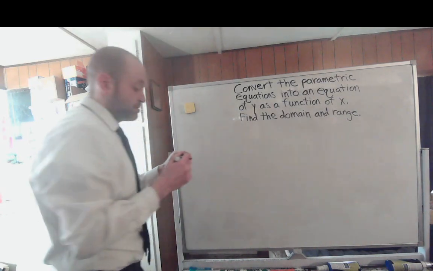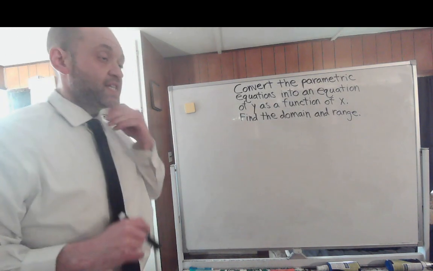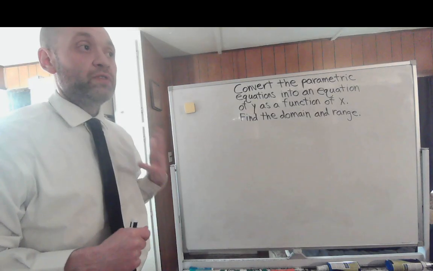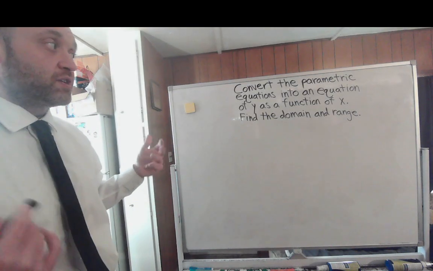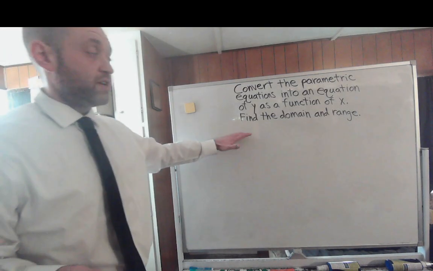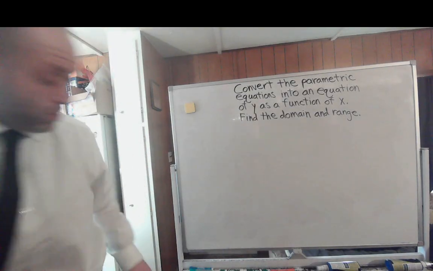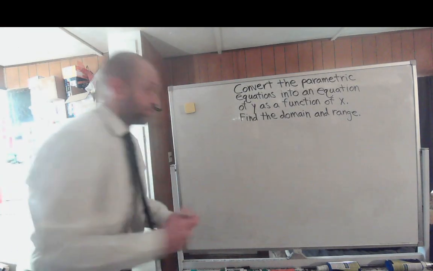Alright, so we're about to be given some parametric equations here. You can convert them to normal functions of x. You can convert it into an equation of y being a function of x. And then from there you can find the domain and range. So let me write with a different color.